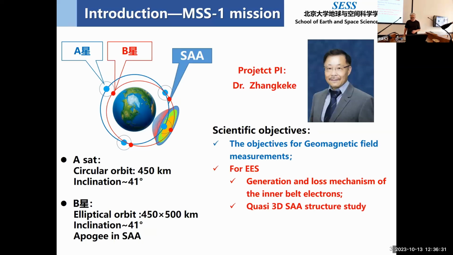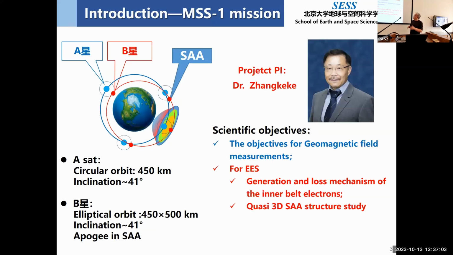The second is that we want to do a 3D SAA structure study, because the two satellites in the future will have different orbits. Now they are in the same elliptical orbit, 460 by 500 km.